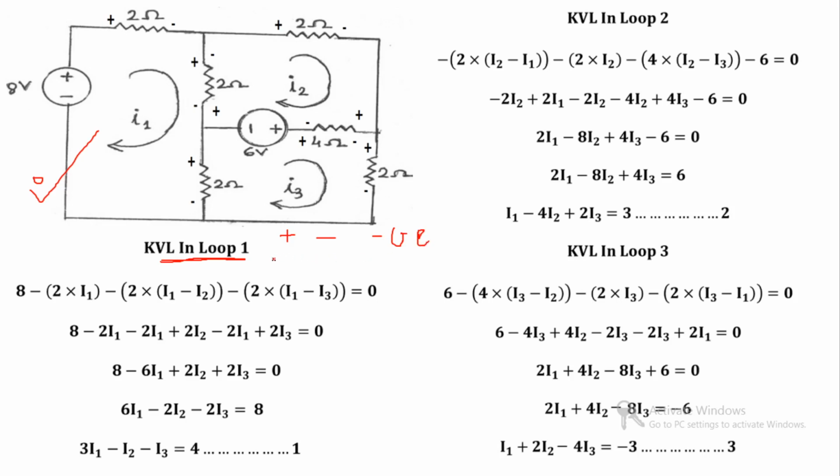If current flows from minus to plus, we consider that a potential rise and take it as positive.